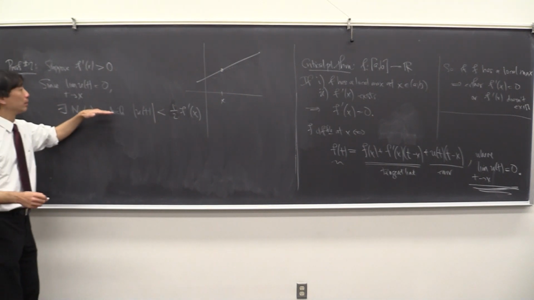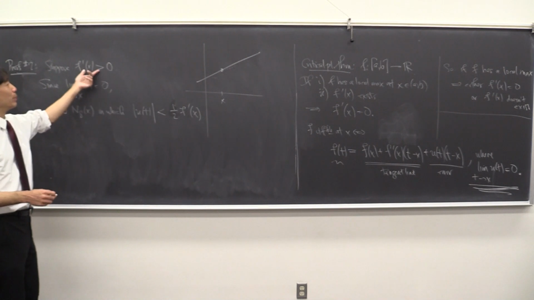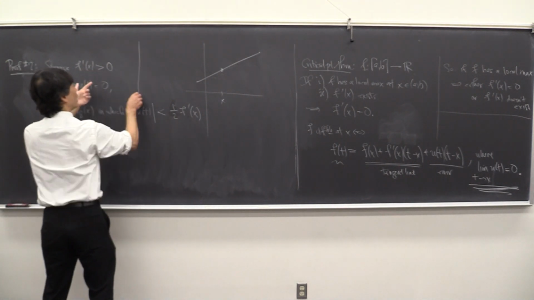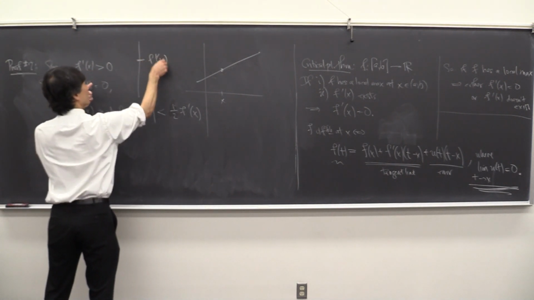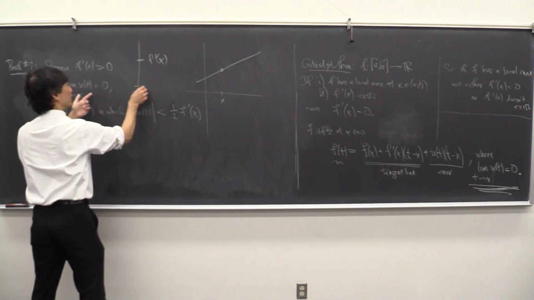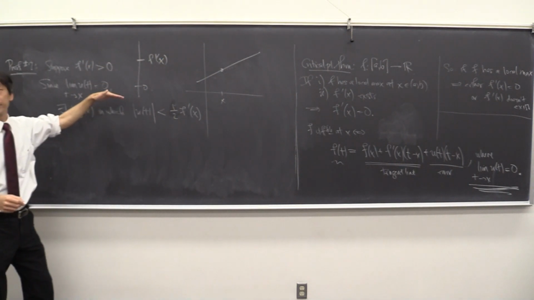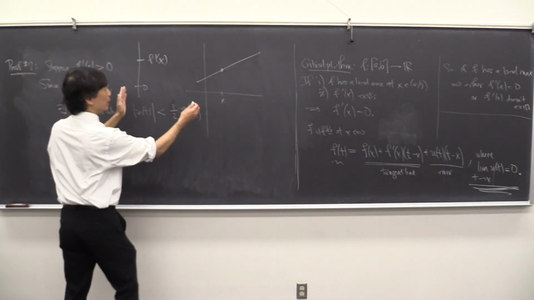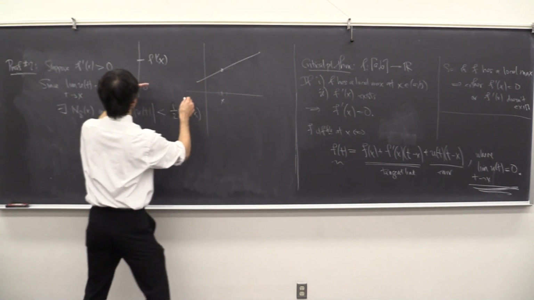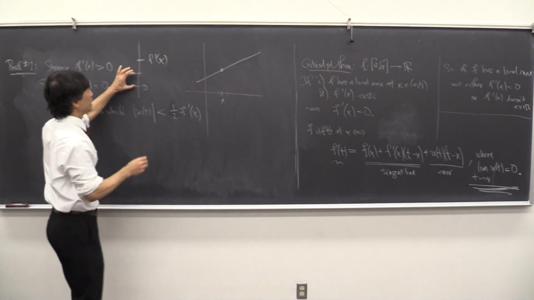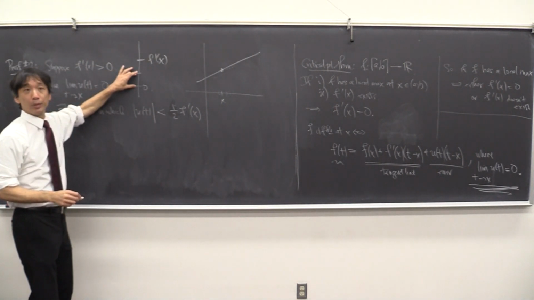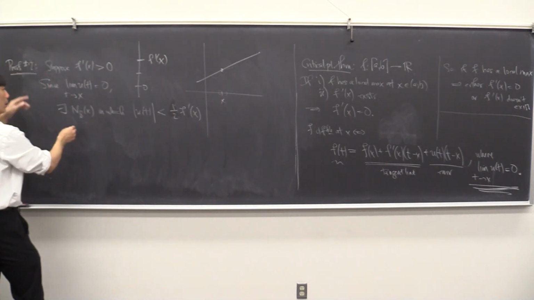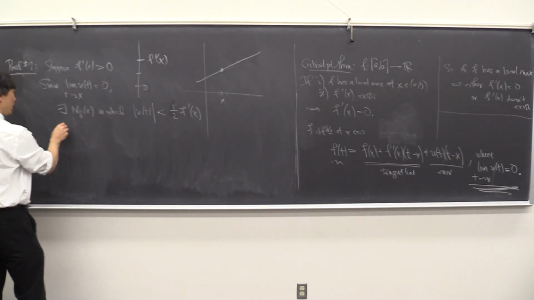F prime of x is some number bigger than 0. U of t goes to 0. And so we can find a neighborhood in which u of t is relatively small compared to that slope.